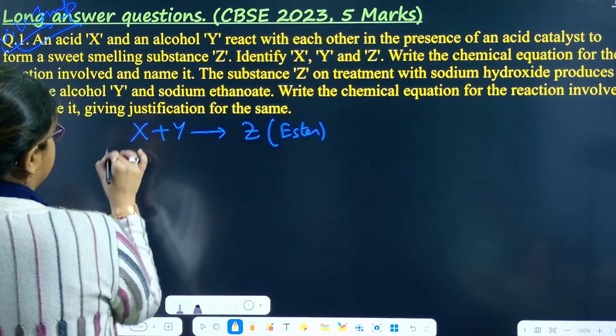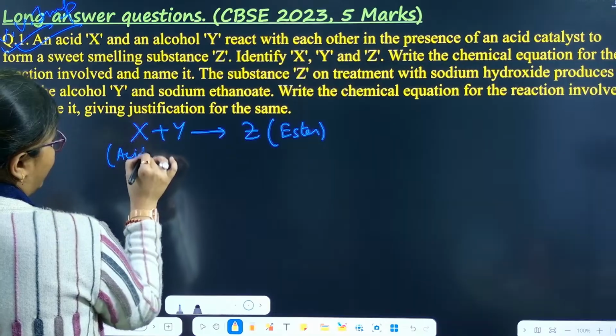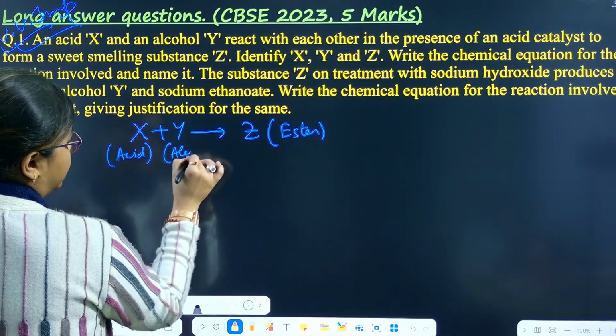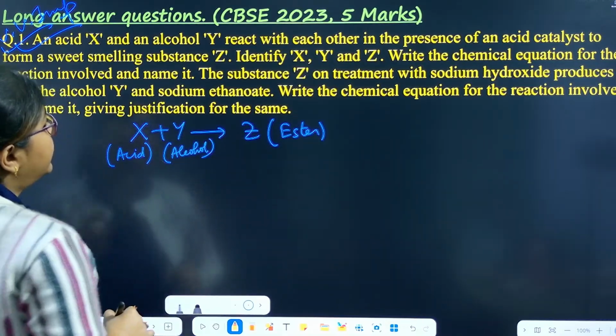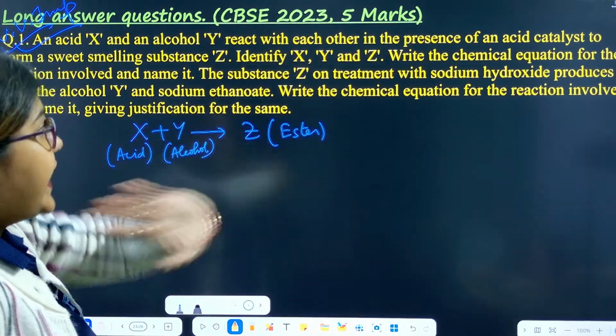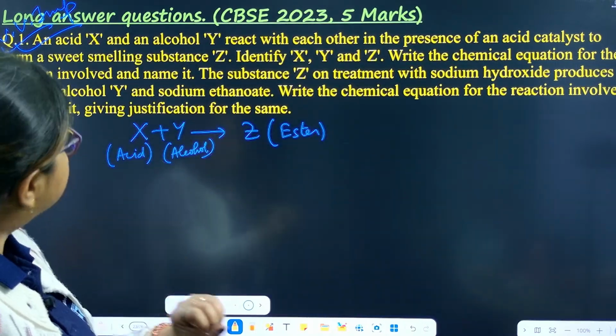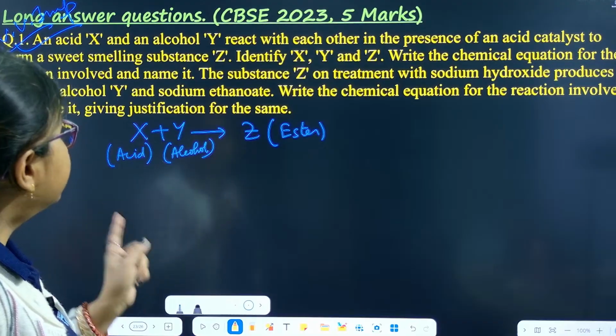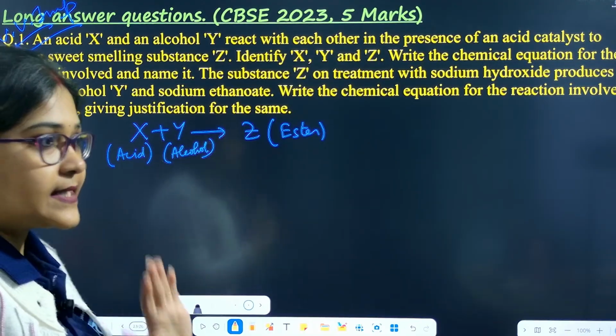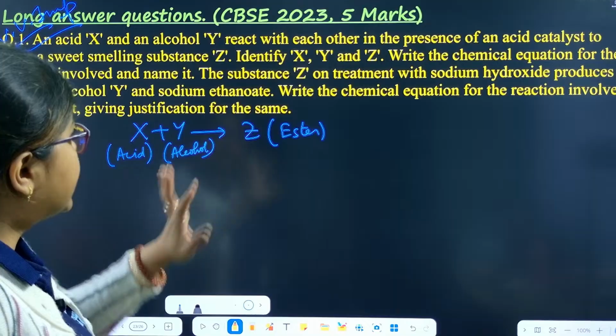X is an acid. Y is the alcohol. Okay. Identify X, Y, Z. Write the chemical equation for the reaction involved and name it. The reaction is esterification. Chemical equation I am writing.